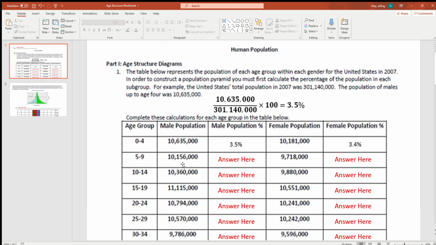If you do 10,156,000 divided by 301,140,000, you take that number and multiply it by 100, and you should wind up with 3.4%. Now I ended up with 3.3725177 and so on. I rounded it to 3.4.